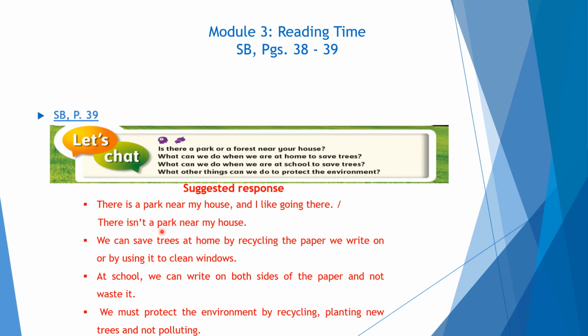Or there isn't a park near my house. We can save the trees at home by recycling the paper we write on or by using it to clean windows. At school, we can write on both sides of the paper and not waste it. We must protect the environment by recycling, planting new trees, and not polluting.